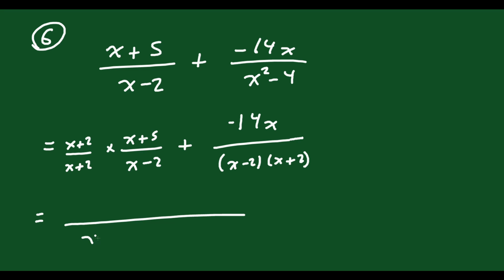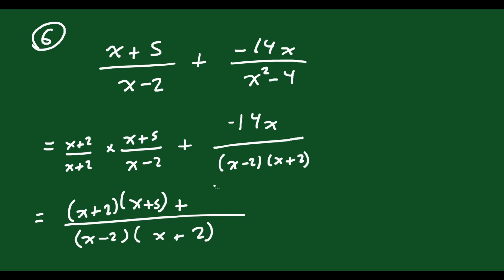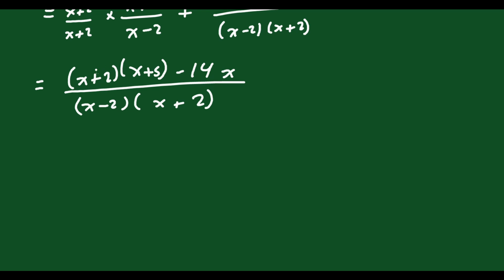So now your denominator is simply (x − 2)(x + 2), and on the top you have these two things multiplied, so (x + 2)(x + 5), minus 14x. Now we can expand this, right? We can FOIL it. x times x is x squared. x times 5 is 5x. 2 times x is 2x, so add those together and you get 7x.